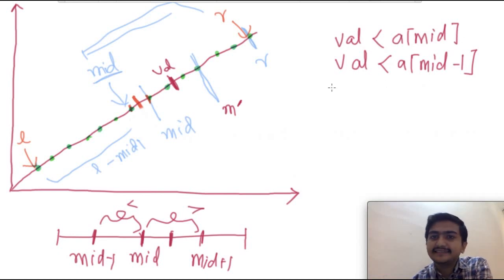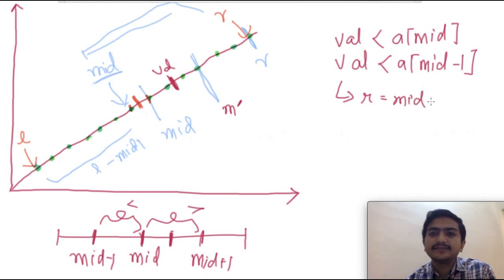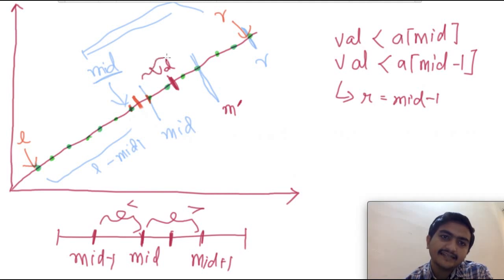Now, if it is less, then do nothing. Just decrement the right pointer, r equal to mid minus 1, because then the answer lies in mid minus 1 only. If you see here, our answer lies in only this range. I can just shift this range, I don't need to find other ranges. This or this range is useless for us.